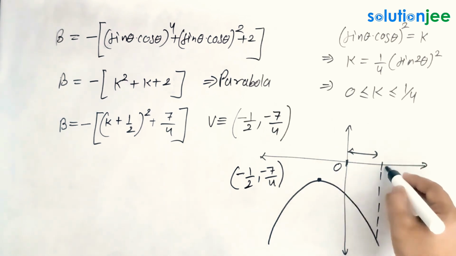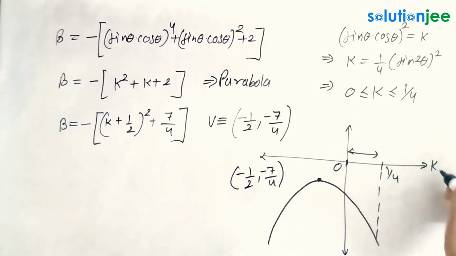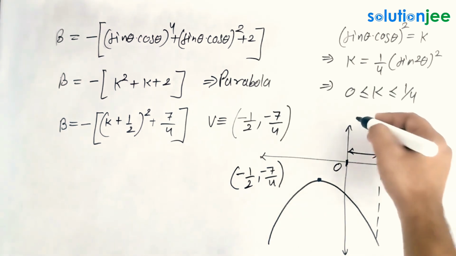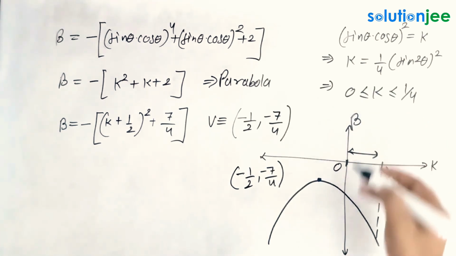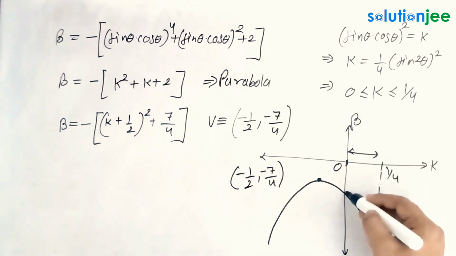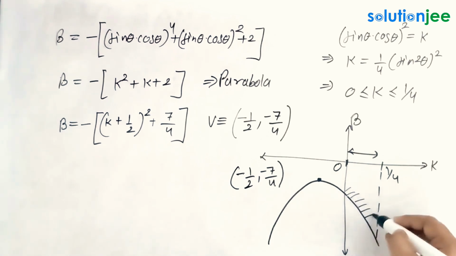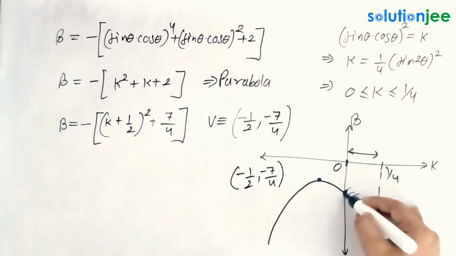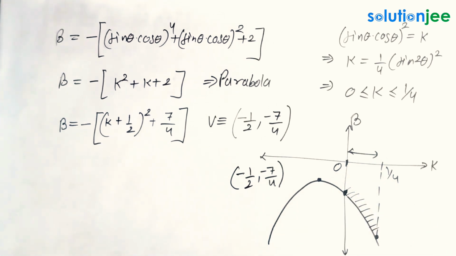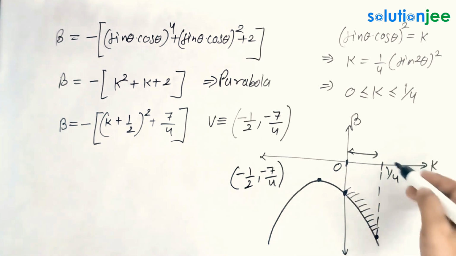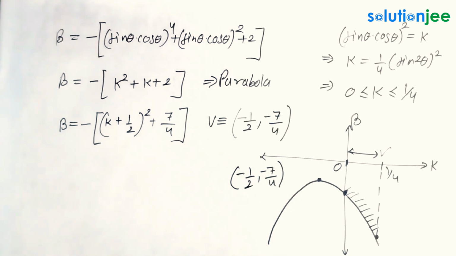Here we have 0 and it is 1 by 4. This axis represents k and the vertical axis represents beta. So here we have this branch only. Here we can see that the minimum value of beta lies at k equal to 1 by 4.